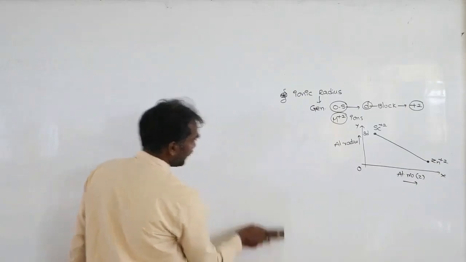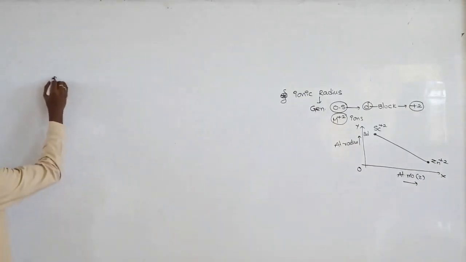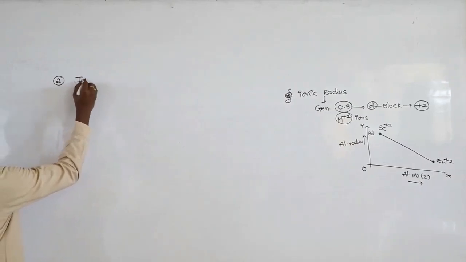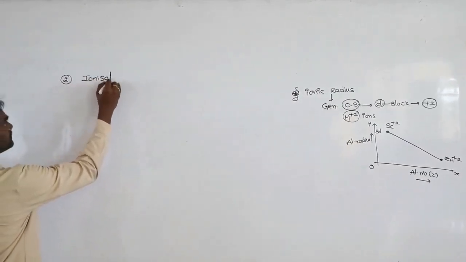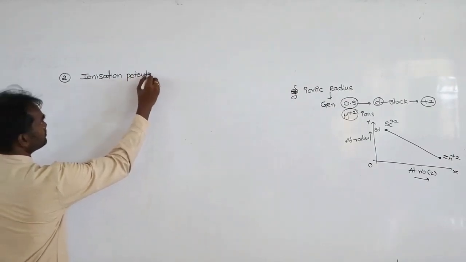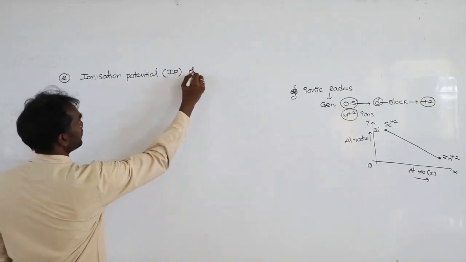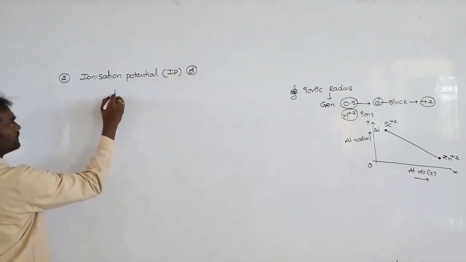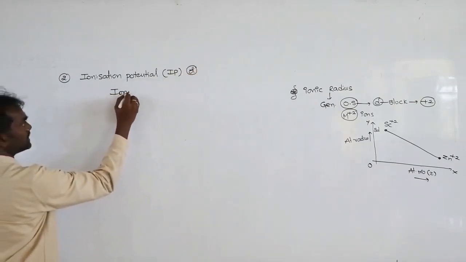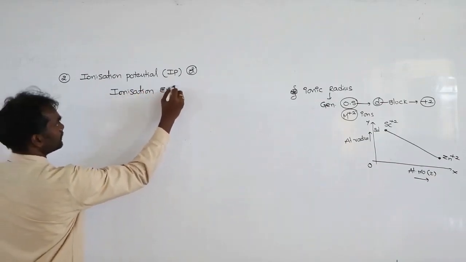Next, the second one: ionization potential. It is generally represented as IP, otherwise ionization enthalpy.